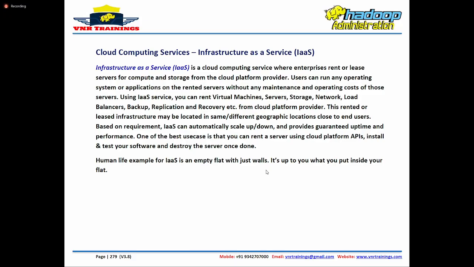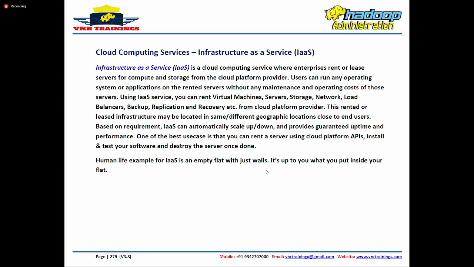And a real-life example for the IaaS model is an empty flat with just walls. It is up to you what you put inside your flat. If you ask me for the real-life example of the IaaS model, it is like taking an apartment for rent. When I say apartment, it's an empty apartment. They just give you walls.